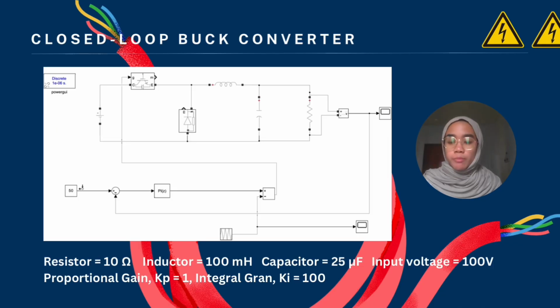For this closed-loop buck converter, the difference is that a feedback is added with a PID. The function of the feedback is to ensure the error can be detected and the system will try to minimize the error. The PID, which is part of the feedback, has also been added and the values have been stated in the slide given.